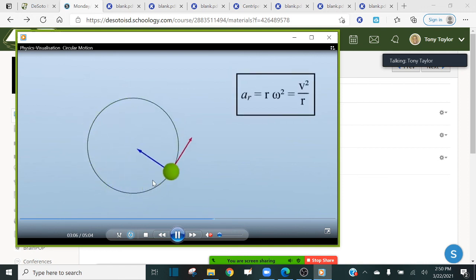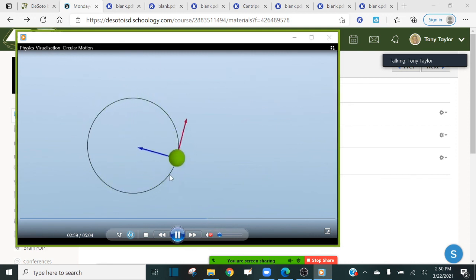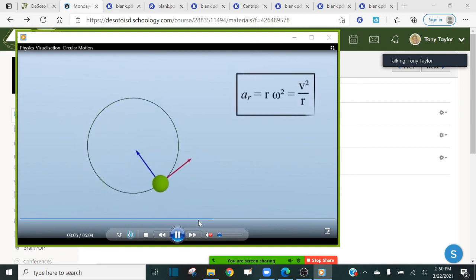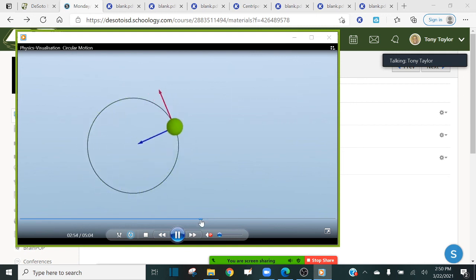The gravitational force acting on the Earth is always directed toward the center. It's always pointed toward the sun. So what we say is that the force that's causing this object to have a centripetal acceleration is always pointed toward the center.